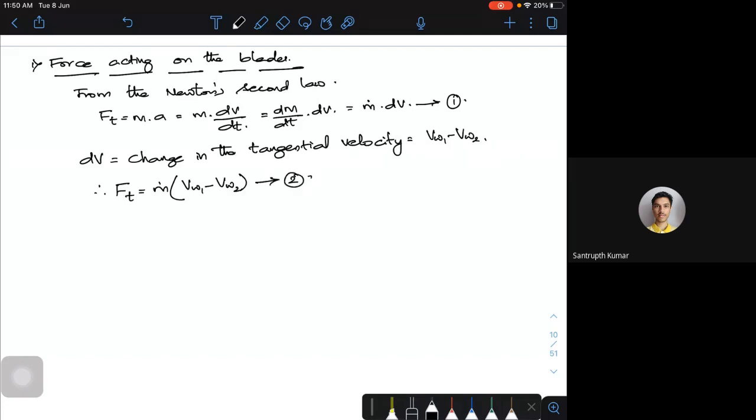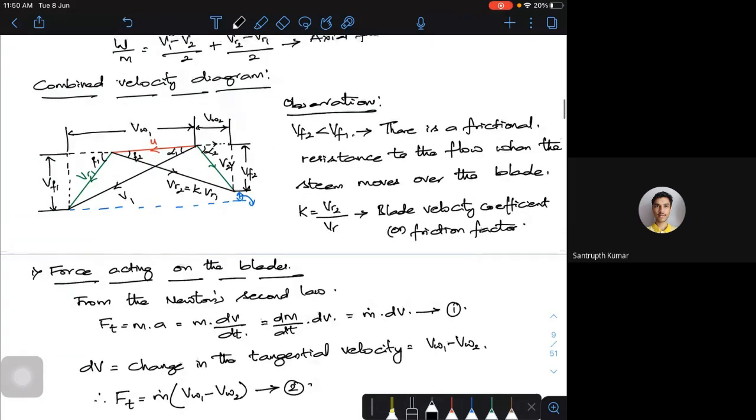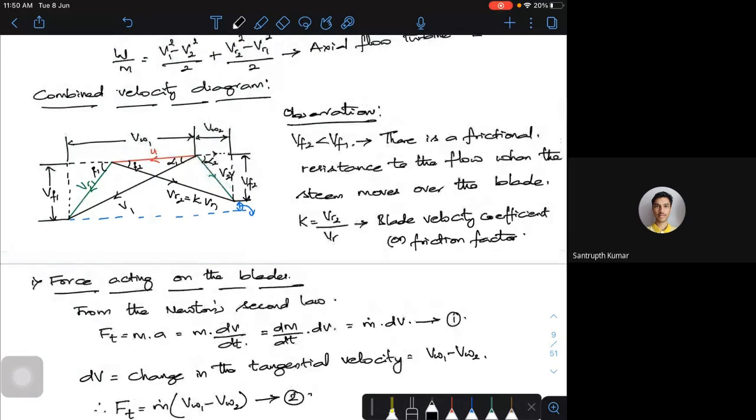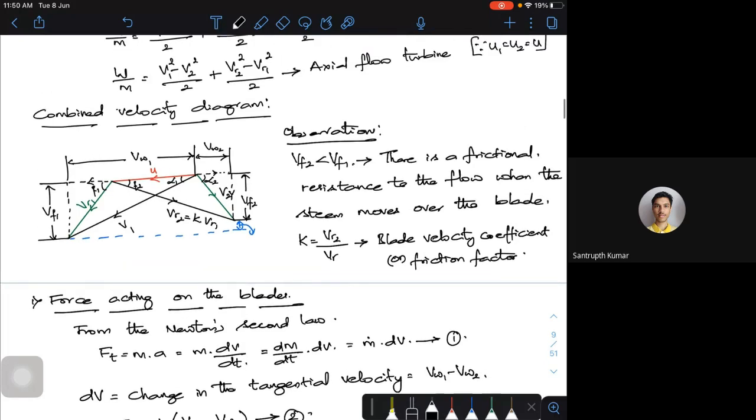Now let us go back to the velocity triangle. If you look at it, this is the direction. In the velocity triangle, your Cw2 or Vw2 is in the opposite direction to the blade. This is the direction for Vw1, and this is the direction for Vw2.